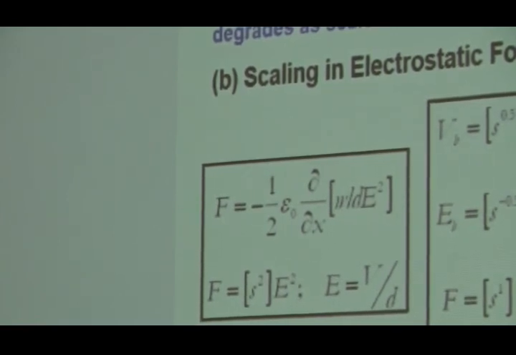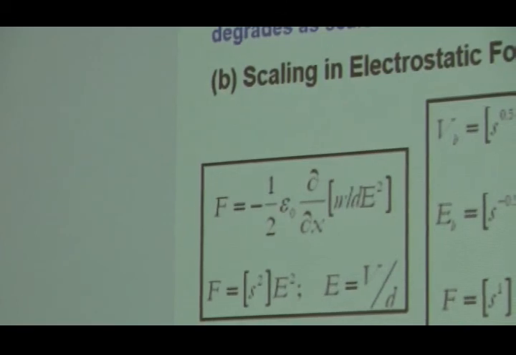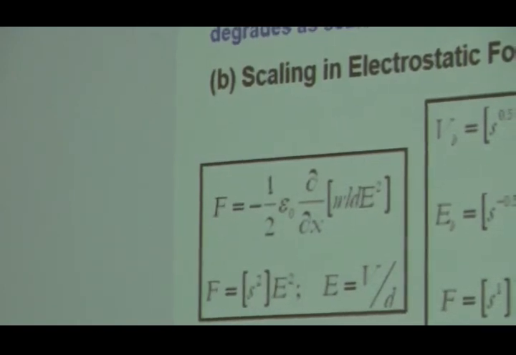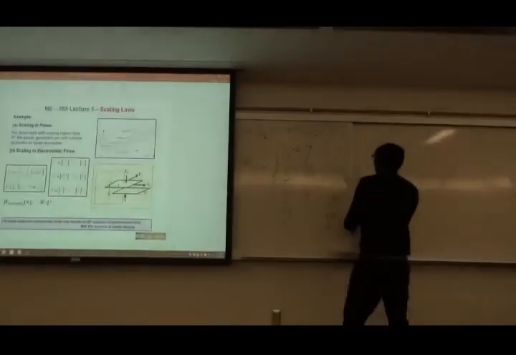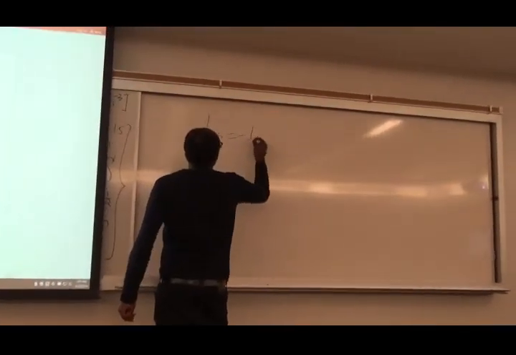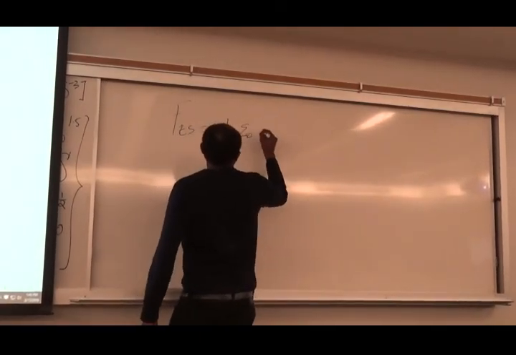So minus half epsilon 0 times d by dx of W, which is one of the dimensions, L, the length, D, the depth, so linear dimensions, times E squared, where E is the electric field. So F electrostatic is minus half times epsilon.